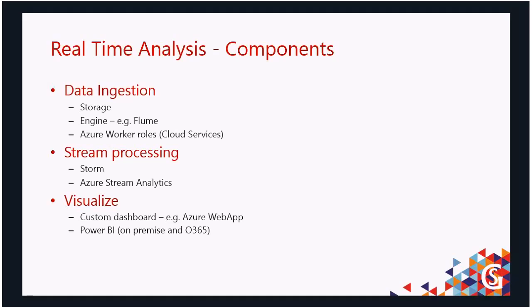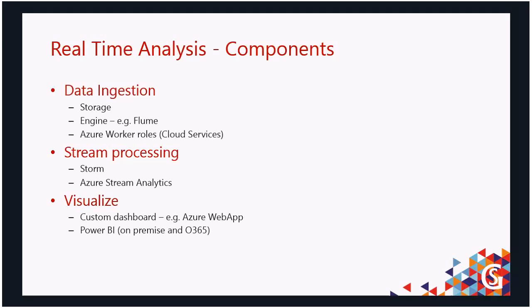Coming back to the real-time part, any real-time analysis has some components. You first have to get the data into your system, which is typically called data ingestion. You need some storage infrastructure to store that data, and some automation that will bring the data in, in batches every day, or whatever period you want to choose.